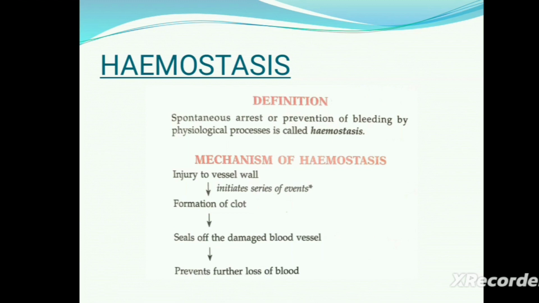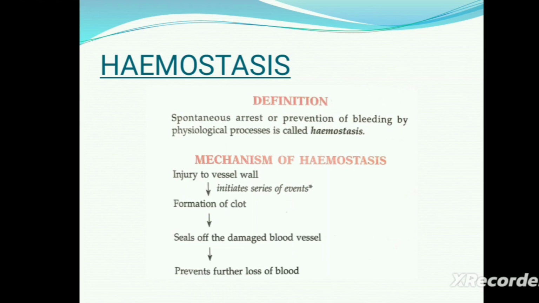Whereas homeostasis is the body's state of balance or its tendency to maintain a constant and stable state. Getting back to a proper definition of hemostasis, it is the spontaneous arrest or prevention of bleeding by physiological process.